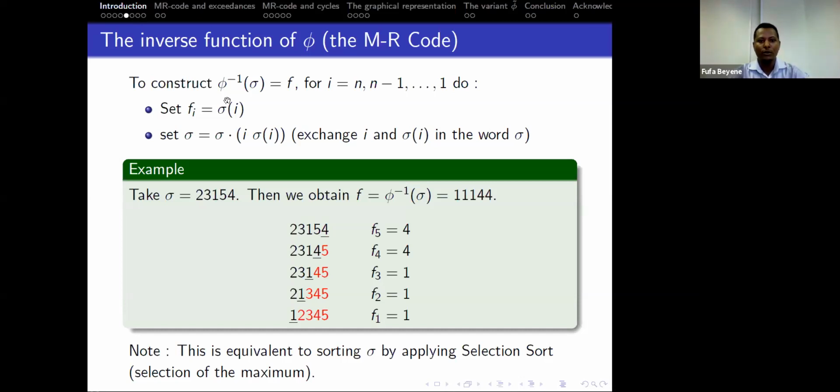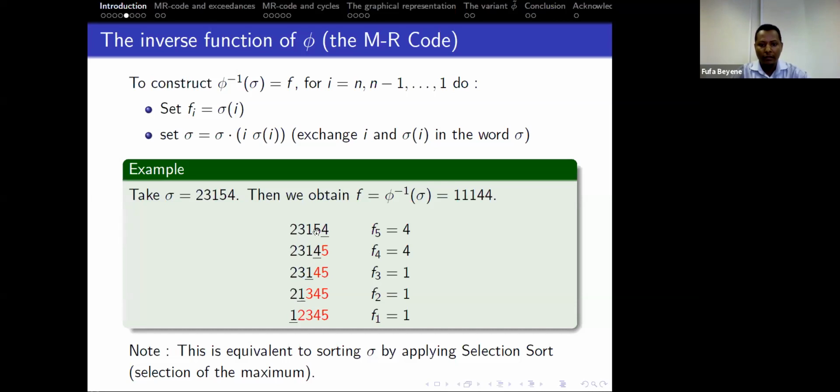And when you go back to F from sigma, you go through this algorithm. Starting with any permutation, when you find the corresponding sub-exceedant function, you have the sorted permutation, so you have an identity permutation at the end of your procedure. This is the selection sorting algorithm, because every time you select the maximum and swap it with the one at the end to get the next step.